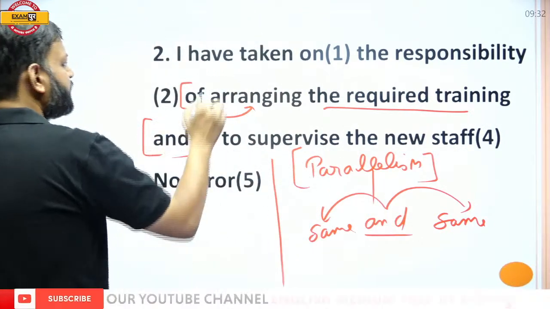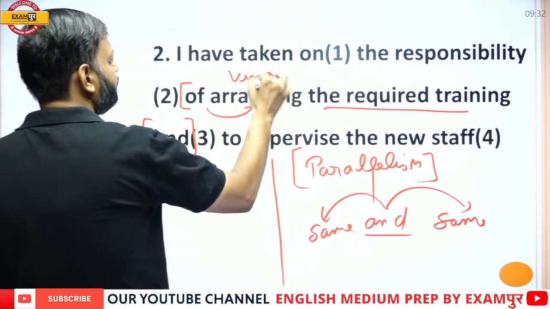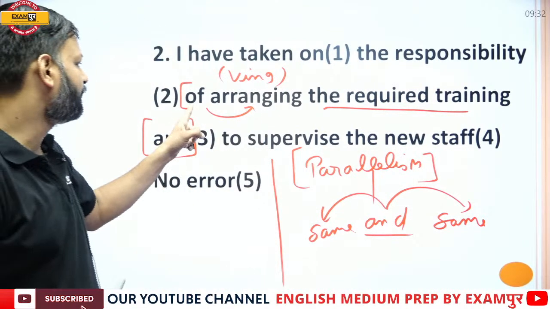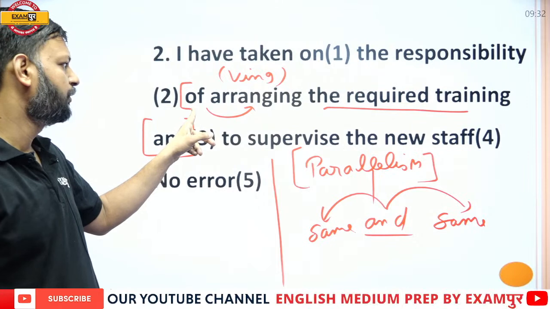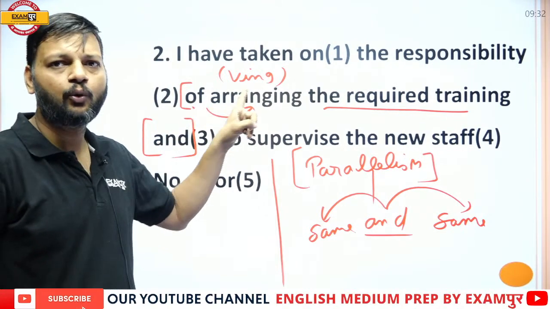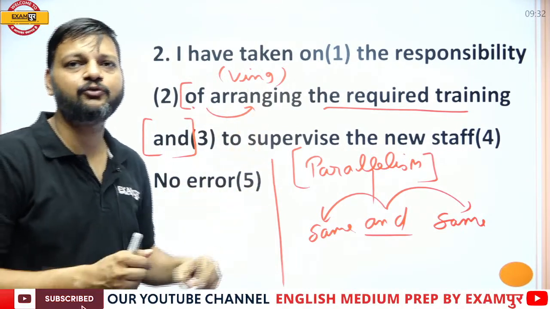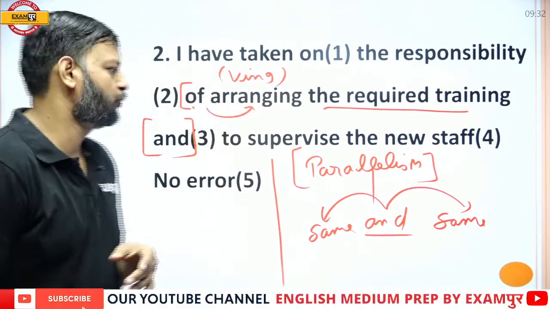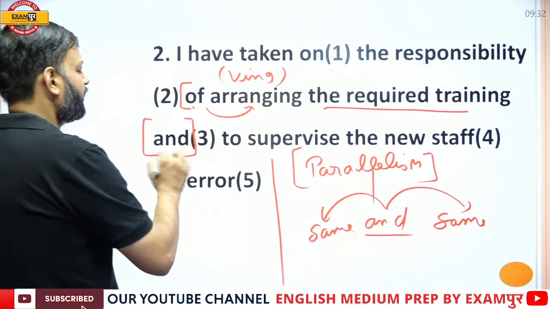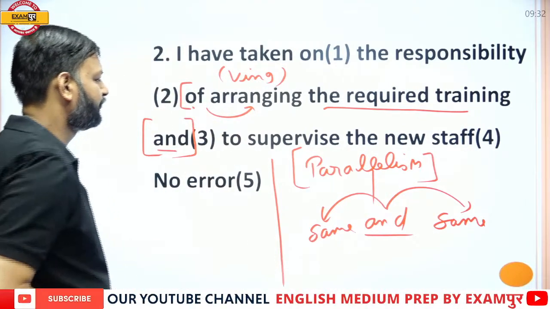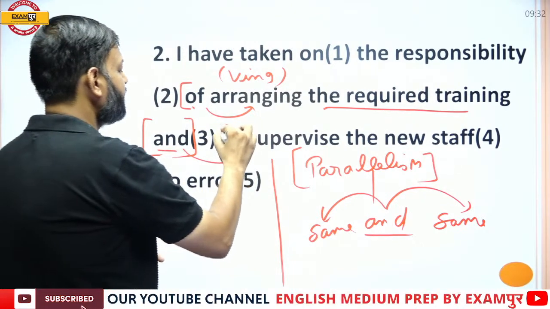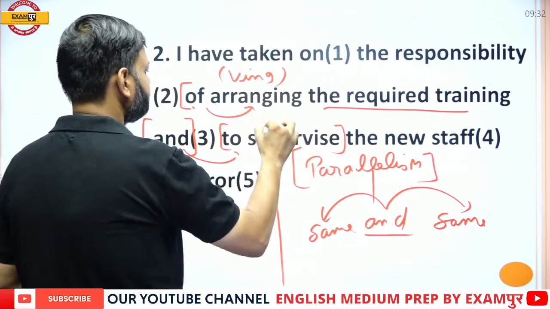So before conjunction we have a gerund. After preposition we have to use only gerund. After preposition only gerund can be used. Now check after conjunction: after conjunction we have to plus v1.